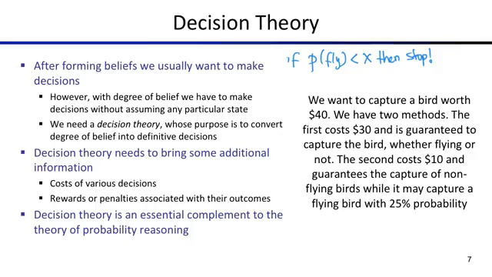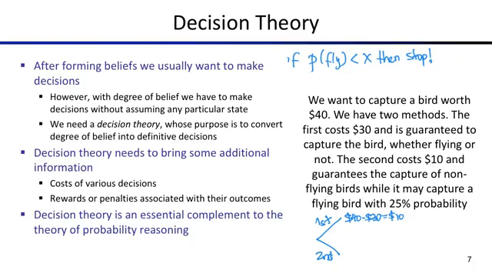So we have two different options, a first method and a second method. The first method is guaranteed to capture the bird, but it's a little bit more expensive. So it's going to be $40 minus the $30, equal to $10. So that will be our profit for the first method.